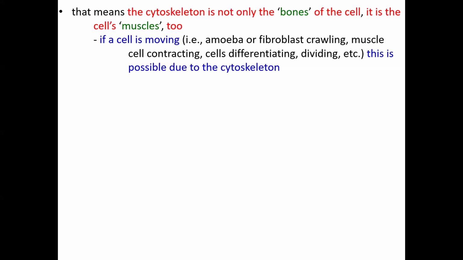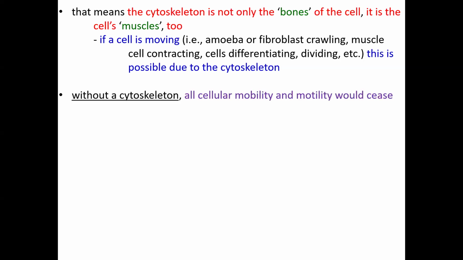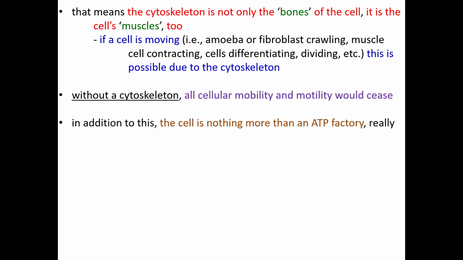All of these actions are cytoskeletal. The cytoskeleton is responsible for all of that. Without a cytoskeleton, all cellular mobility would cease. There would be no more motion of or in a cell.